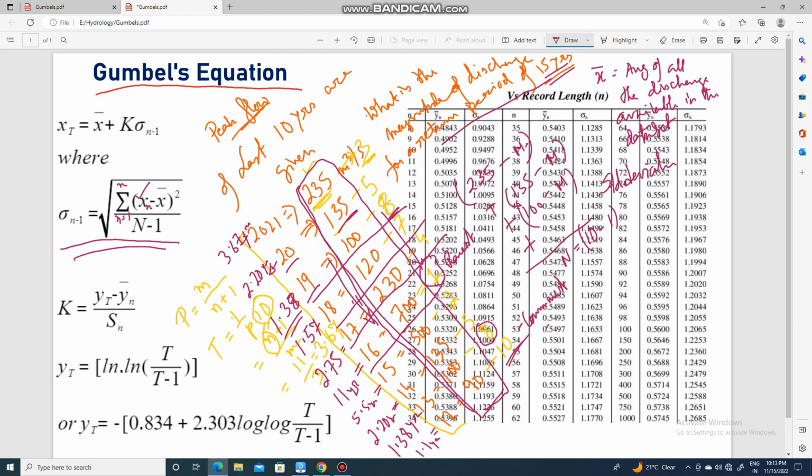So first I find out what is the mean of this data set. For that I have to add all the discharges available in the given data set.